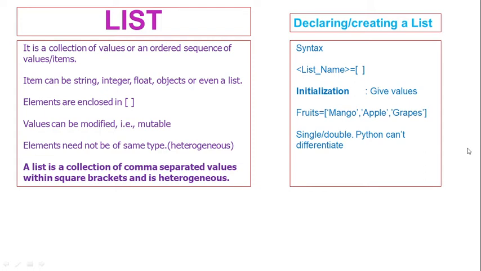Plus we can have mixed types, a combination of different types. Suppose we are storing your details like your roll number, your name, your computer science marks.